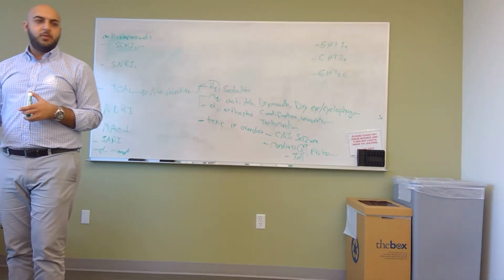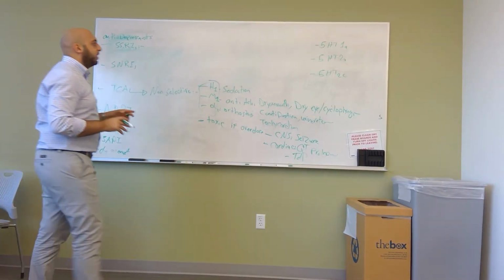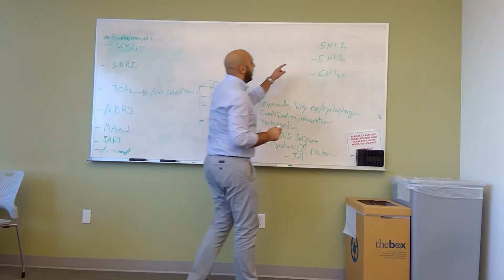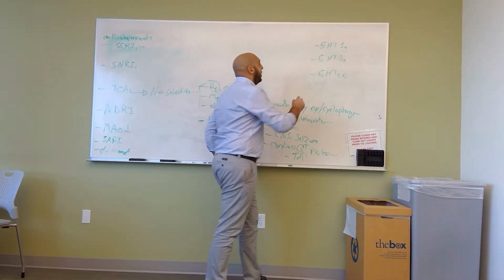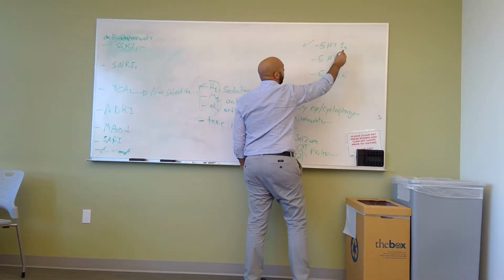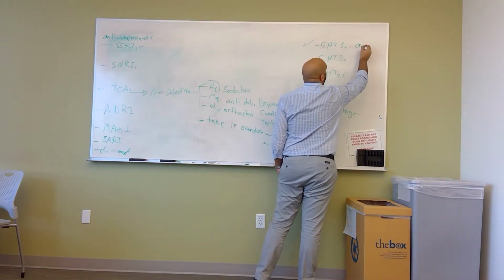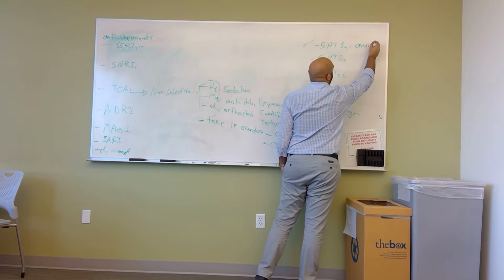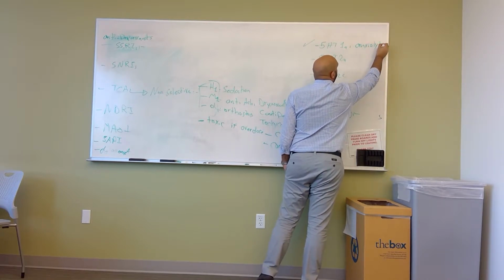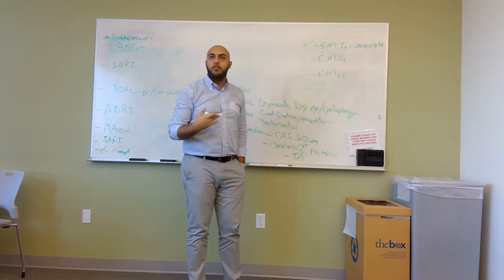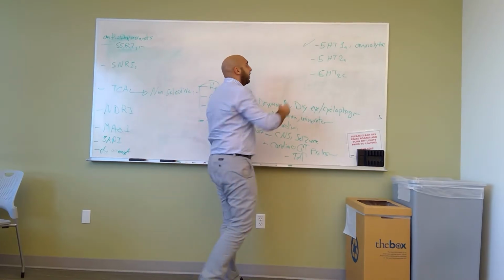There are some important ones like 1D and 1B, but for the sake of depression and anxiety, you need to know: activation of 5-HT1A leads to an anxiolytic effect, an antidepressant effect. So it makes it better.